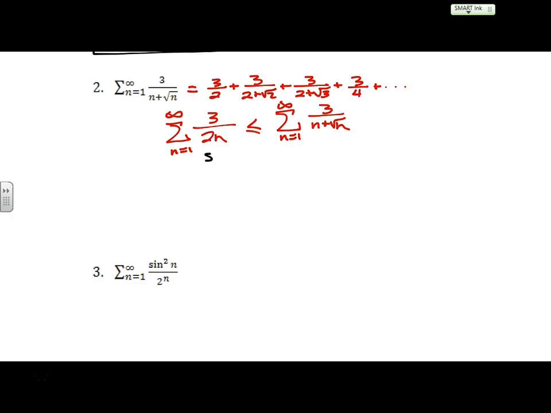What do we know about the smaller series? Nth term, nope, doesn't work, the limit is 0. Geometric, 3 halves, 3/4, 3/6, nope, it doesn't work. Not geometric. How about p-series? We can say p-series diverges since p equals 1, right?